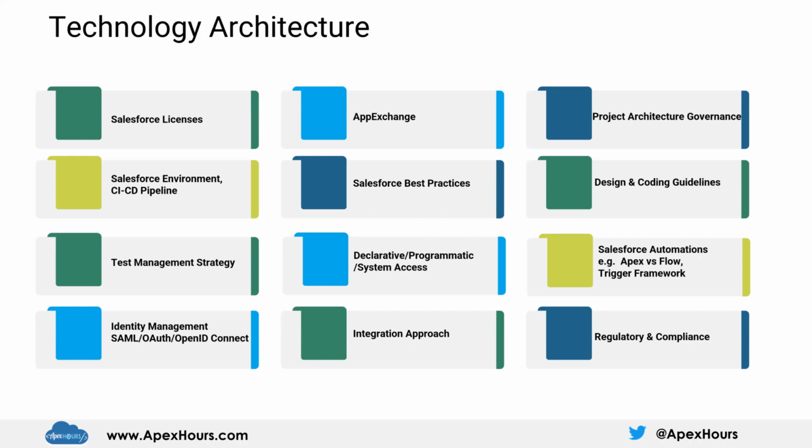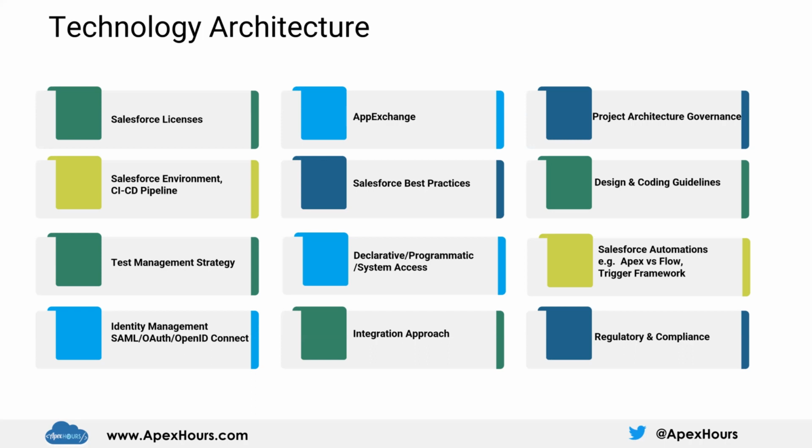If you have those things documented as part of best practices and design and coding guidelines, that helps the team work on them. There is ample documentation on architect.salesforce.com, with a lot of material on the standard things that you need to do on the Salesforce platform so that it can stay optimum.